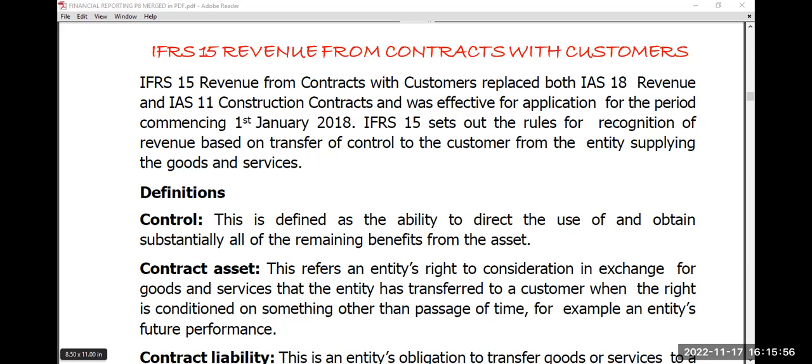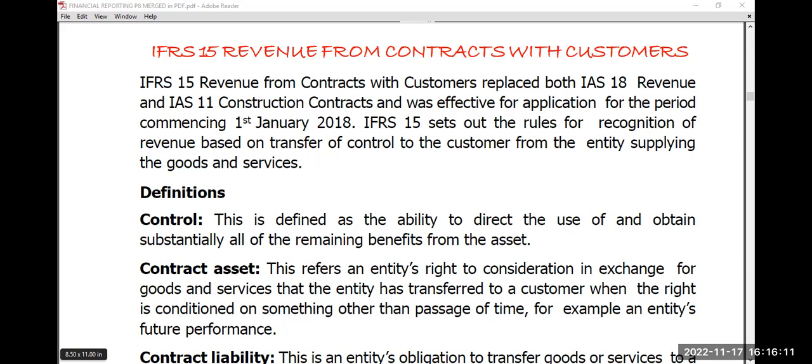Okay, we can now resume with our IFRS 15, that is revenue from contracts with the customers.